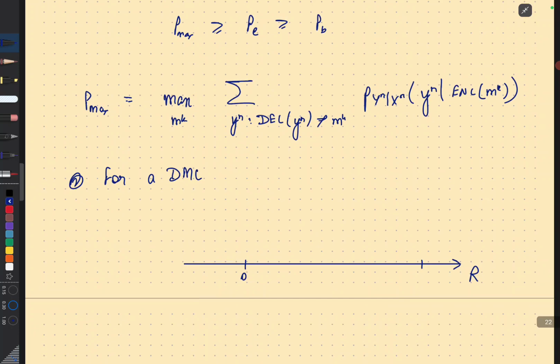I'm not talking about the reliable rate of communication, but the maximum possible rate. In n channel uses, assuming that the channel is perfectly clean, how many bits of information can I transmit? When I say a channel, I'm saying that there's a specific channel input alphabet and a specific output alphabet, and I'm assuming both of them are finite. What is the maximum number of bits that I can transmit?